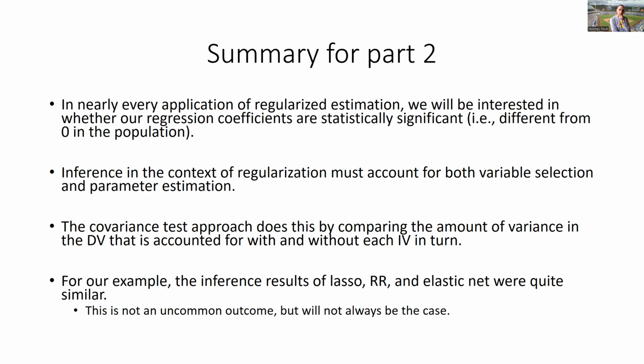And the covariance test does this very nicely for us by comparing the amount of variance in the dependent variable that's accounted for with and without our target independent variable, while accounting for this whole variable selection process. Okay. We found that the results for the lasso, the ridge, and the net were all pretty similar. That's by no means always the case, but it happens to be the case here. And it's not super uncommon for that to be true.